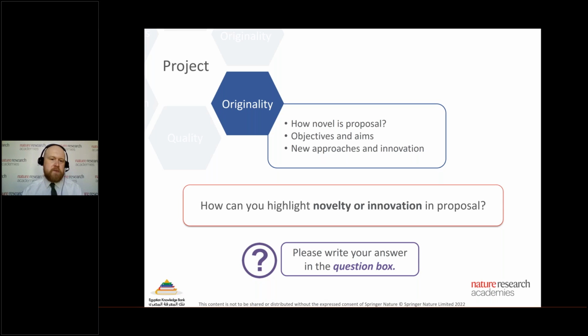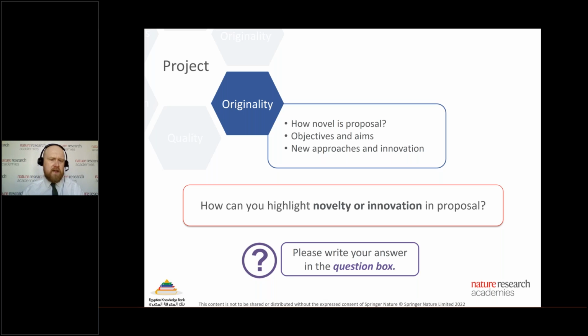So the reviewers will be thinking, how novel is this proposal? Of course, to establish novelty, they'll be looking at your objectives and aims, okay? They want to see that you're highlighting and establishing new approaches to important research questions.